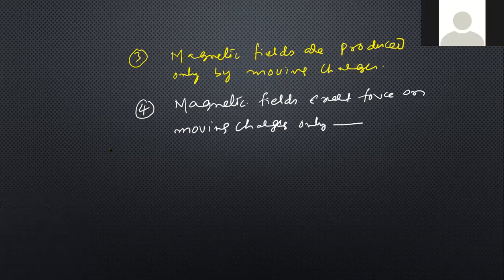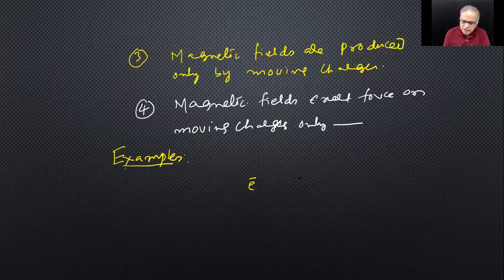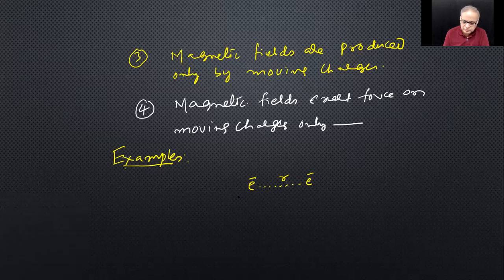Say I have an electron at rest here, another electron at rest here, at some distance from each other. Both the electrons are at rest.